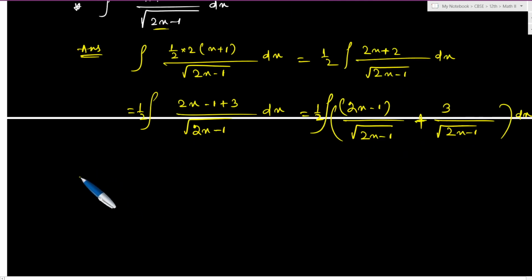Okay, it will become 1 by 2 integration of 2x.